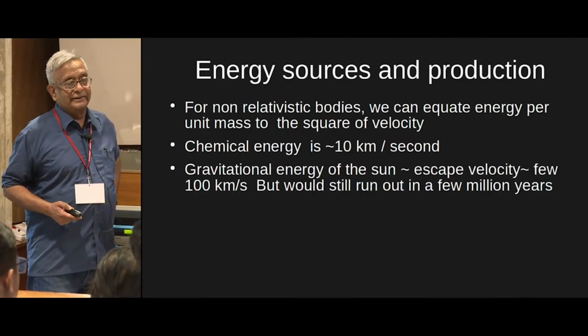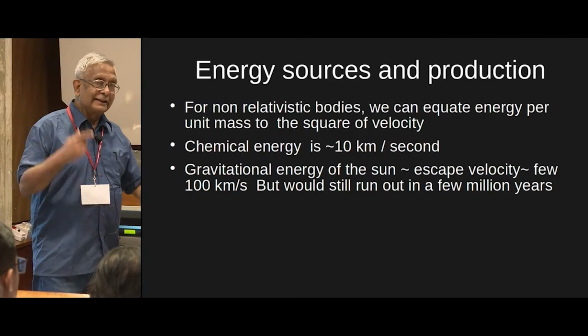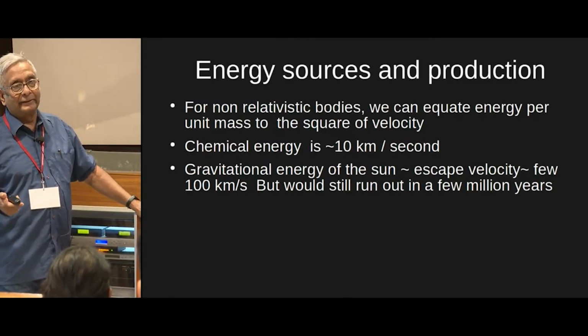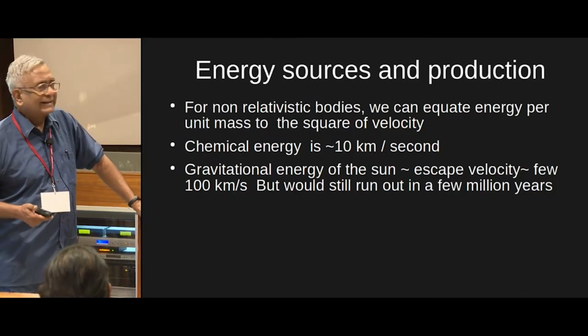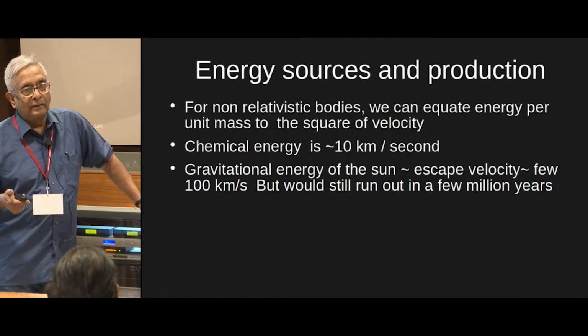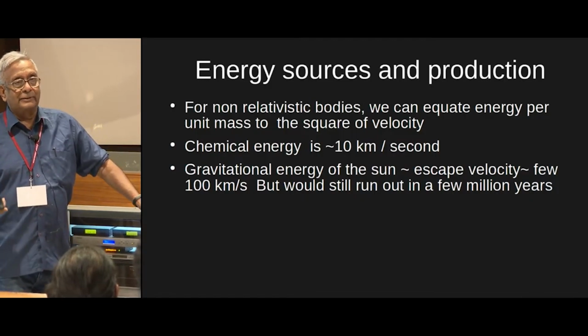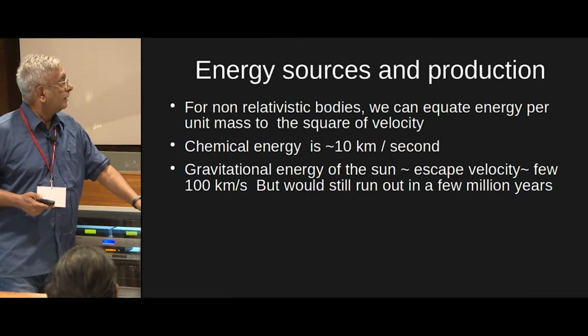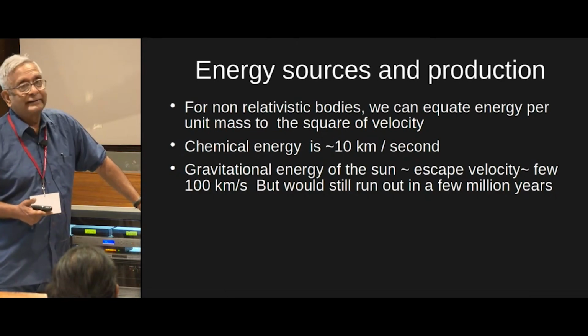Now, what about gravitational energy? We had that up in the beginning. We had total energy, and you can divide by the mass. Essentially, energy per unit mass comes out as GM over r, the same as the escape velocity. So, the escape velocity from the sun, it's a few hundred kilometers per second.